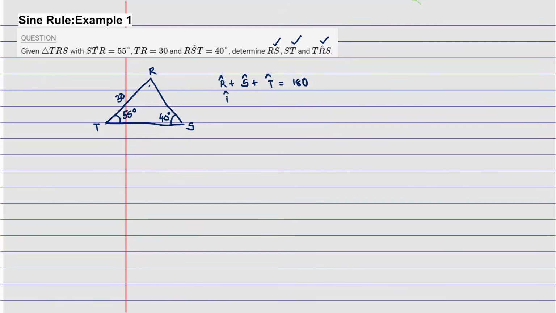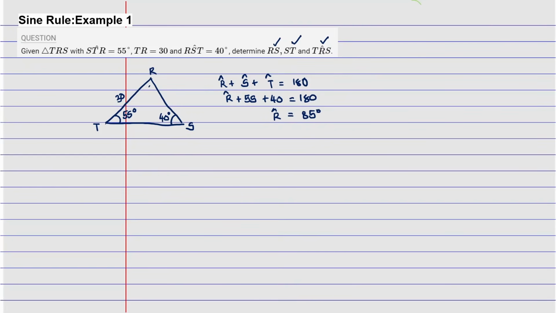So we're looking for angle R. Angle T is 55 because we're given that, so it's going to be R plus 55 plus 40 is equal to 180, right? Take the numbers to the other side. When we take the numbers to the other side, we find that angle R is equal to 85 degrees.